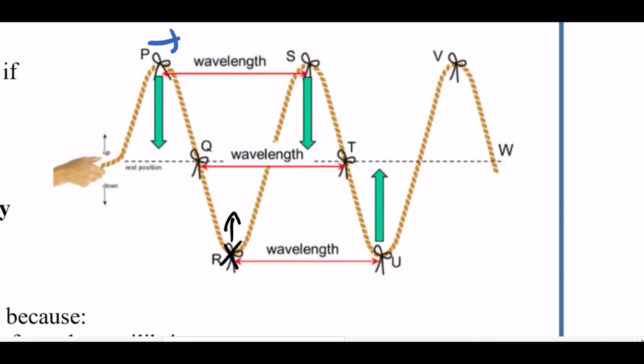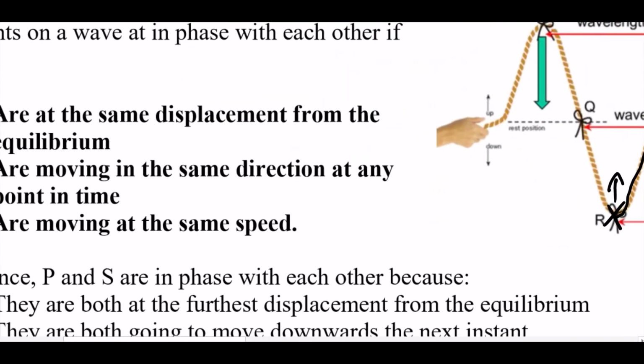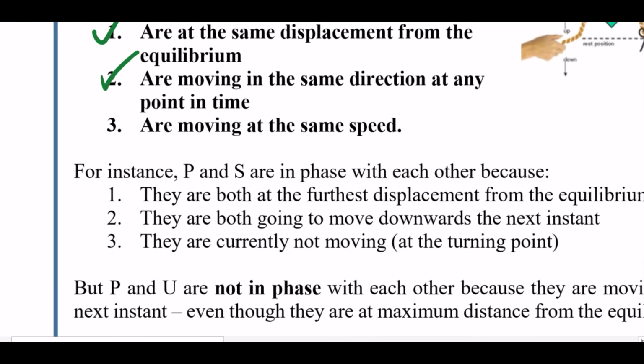Well, as I said, the trick here is to look at one full wave away from R, point U. You can see that U is also at the amplitude, furthest away from the equilibrium, and it's also going to move outwards at the next moment. And they're going to move at the same speed. This one you can't really tell, but again, the trick is to find a particle that is one wavelength away from the point that we're interested in. They will be in phase for sure.